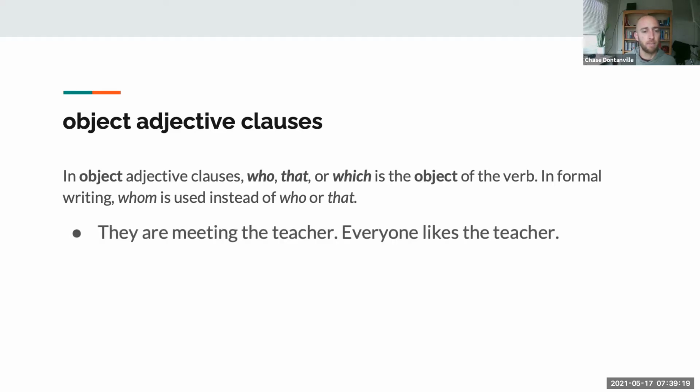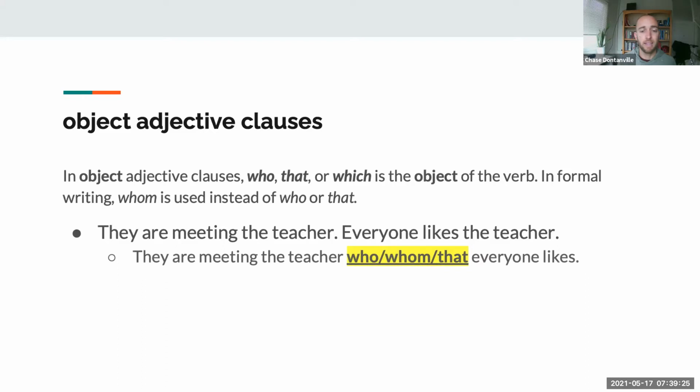So, example, they are meeting the teacher. Everyone likes the teacher. They are meeting the teacher who, whom, or that everyone likes. You notice now, who, whom, that is not the subject. It's the object. It's telling us about the teacher that everyone likes.